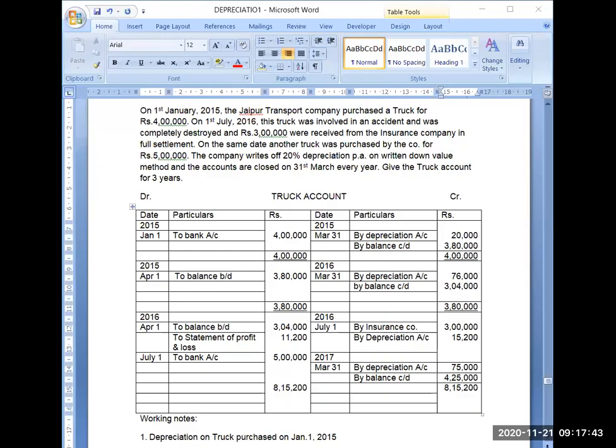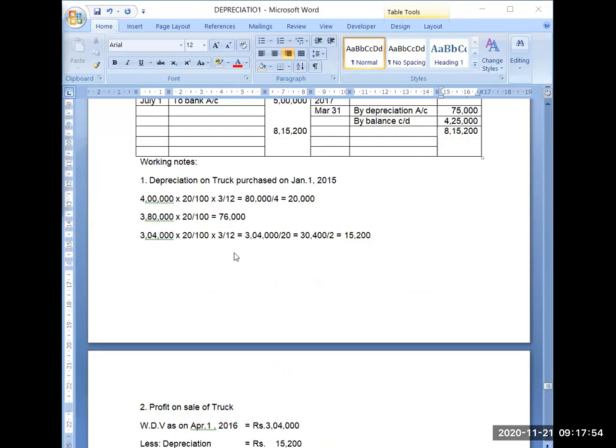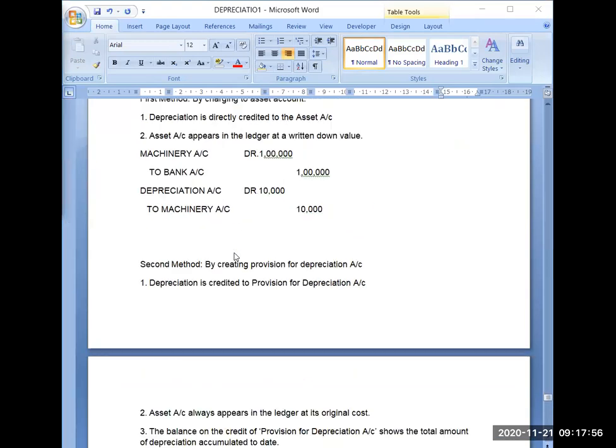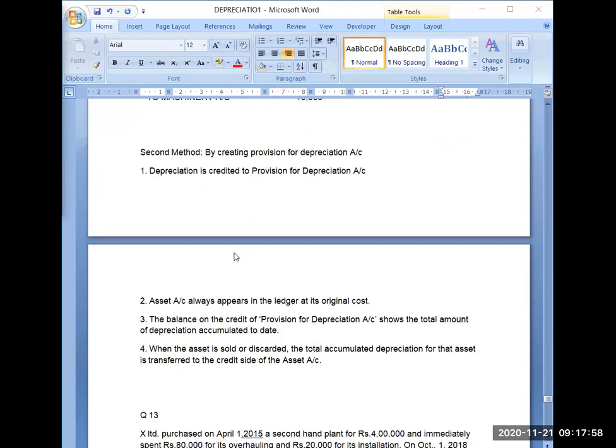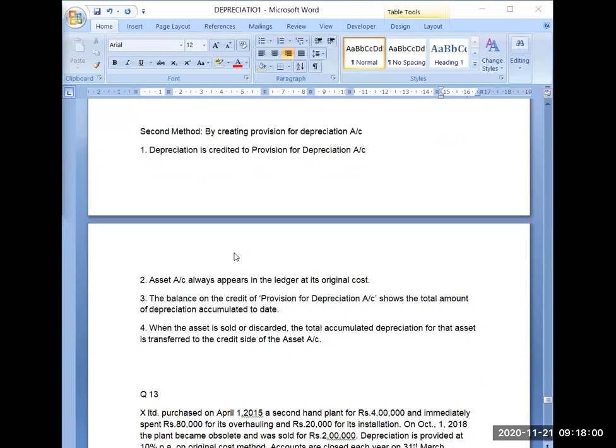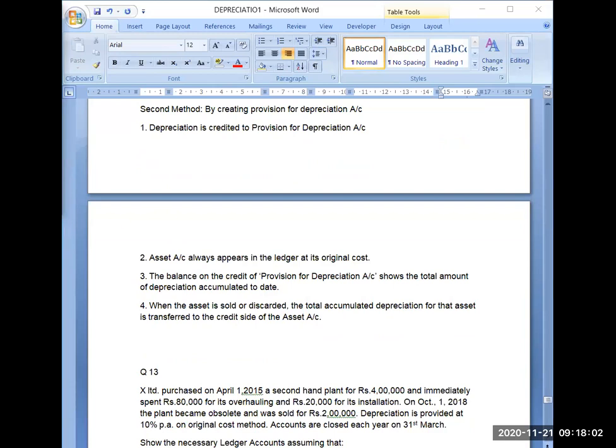Now see the second method. What is the other method of accounting for depreciation? In the second method, we will be creating a provision for depreciation account.